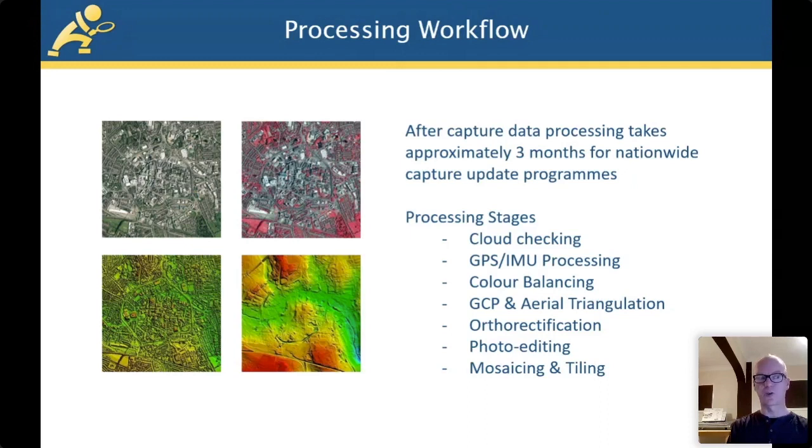And then there's work on color balancing. And again, aerial triangulation I'll talk you through, which is further accuracy improvements. And then once you've got a really accurate position for each individual photo, they can be mosaiced together and orthorectified, which is the warping into our map projection. And finally, there's some editing, and then we can tile it out. So I'm going to take you briefly through some of those stages.